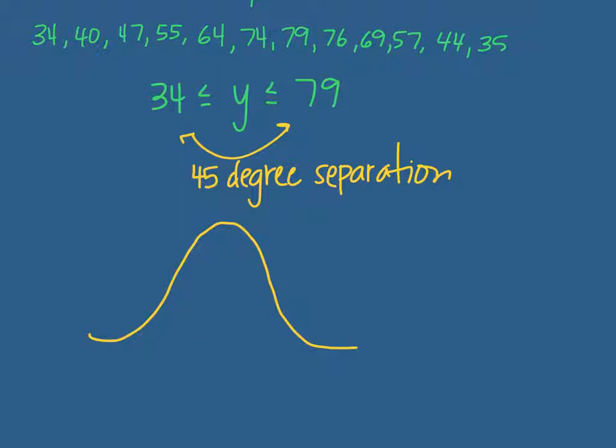That would just give me a 40-degree separation. 22.5, right? I need 22.5 here, and negative 22.5 there.